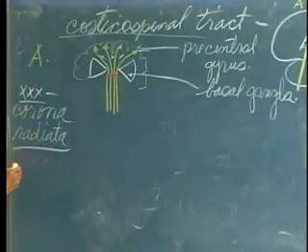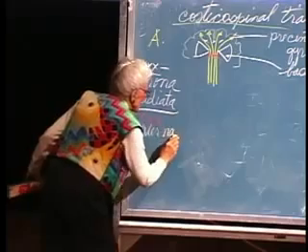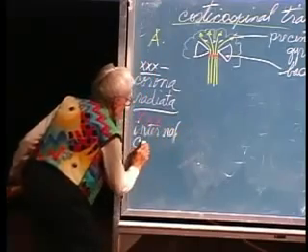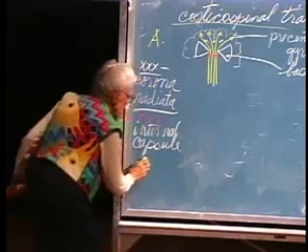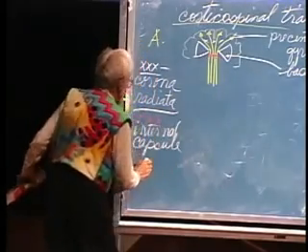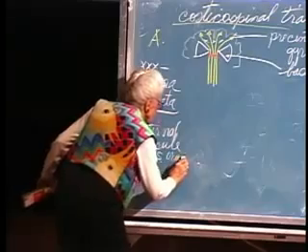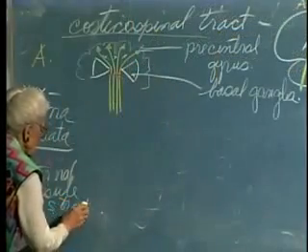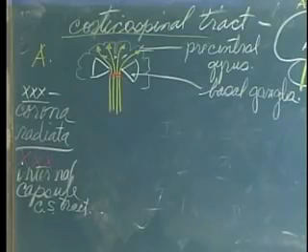So in red, I've put internal capsule for corticospinal tract. Because you'll learn eventually the blood supply of this whole area. Very important. You see, you break a blood vessel here and you're paralyzed. These are your main fibers going down.